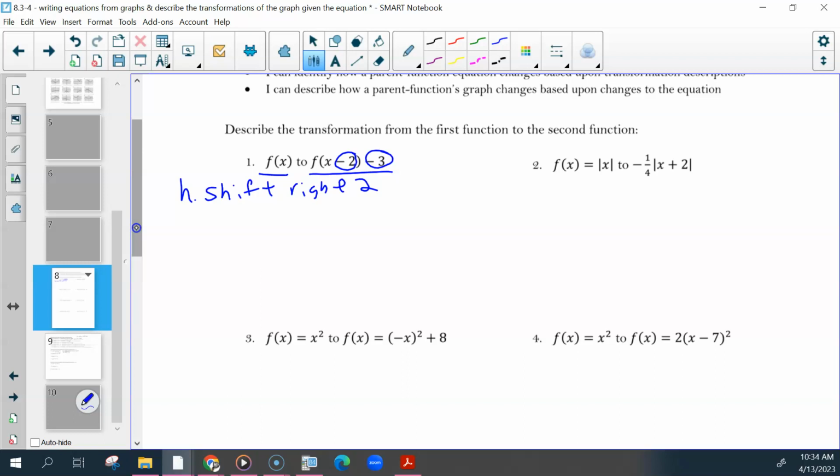I'm also going to write it the elongated way of how you may also see it, especially on some of the other objectives: horizontal shift right 2, or translated horizontally right 2.